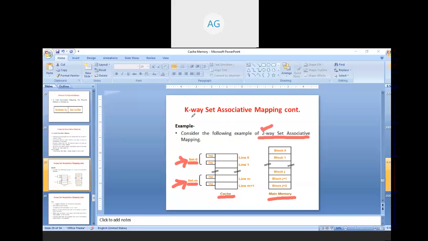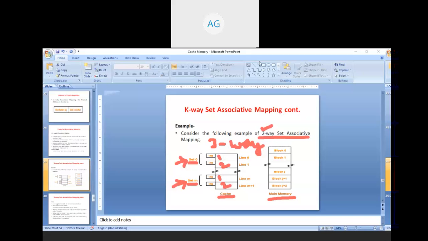If we are taking a three-way set, then we can have a set which contains three lines. In the case of a two-way set, we have a set containing two lines, 1 and 2. So here also 1 and 2. Just remember this terminology.